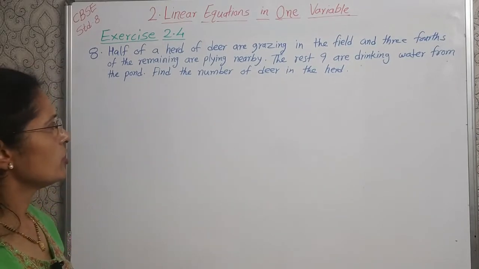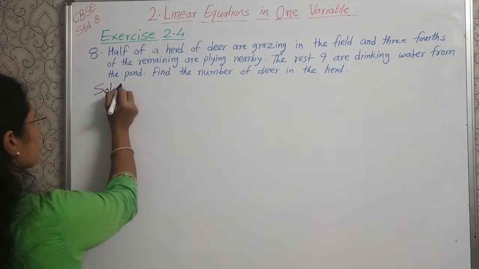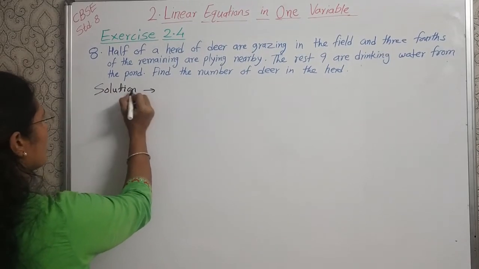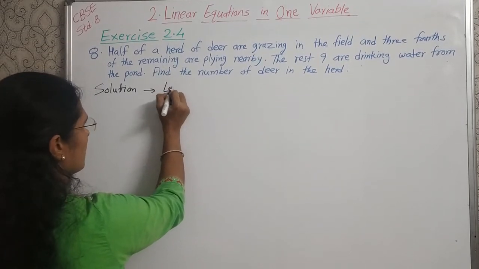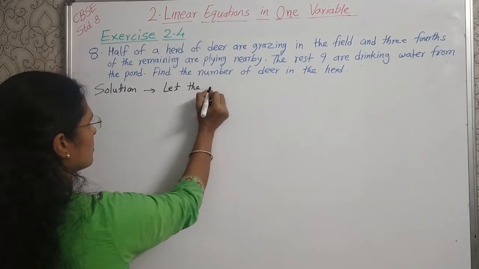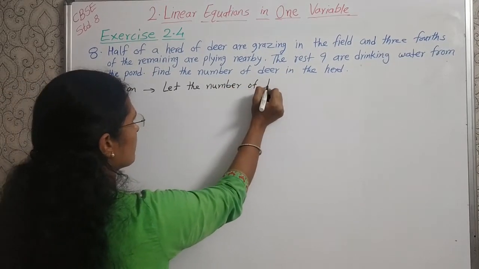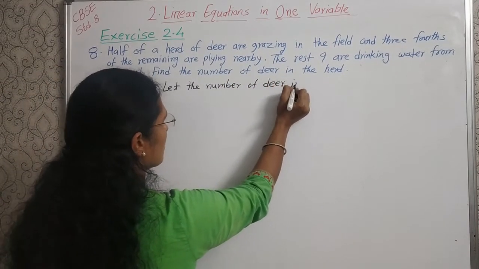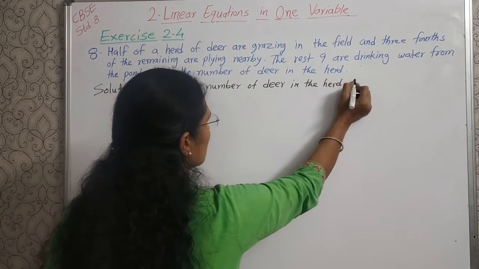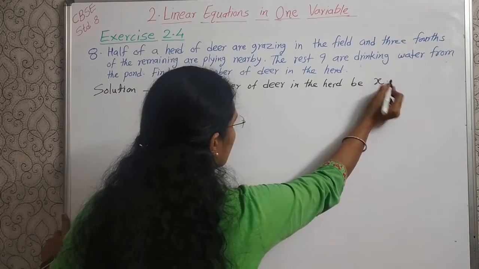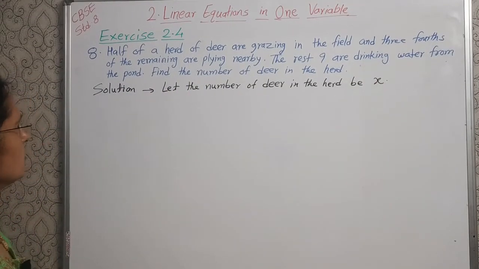It means x number of deer are there in the herd. Solution: let the number of deer in the herd be x. So it means x deer are there in the herd.